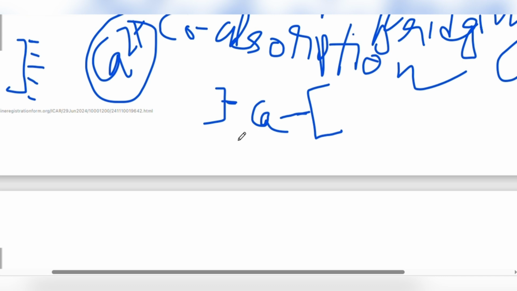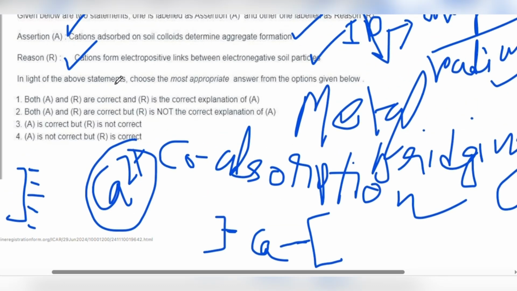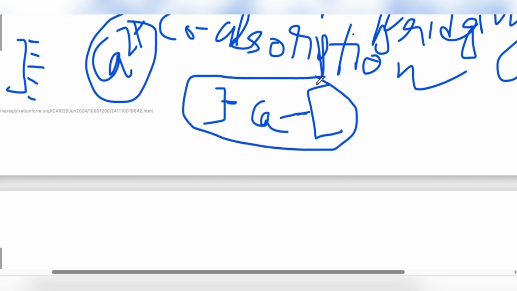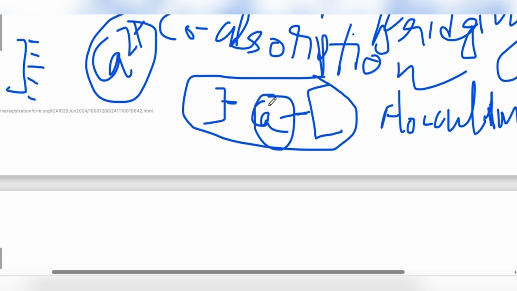Here the calcium ion forms an electropositive link between electronegative soil particles. This will certainly aid flocculation, right? Calcium forms the electropositive bridge between the two negative soil particles and thereby brings them closer and makes them flocculated.